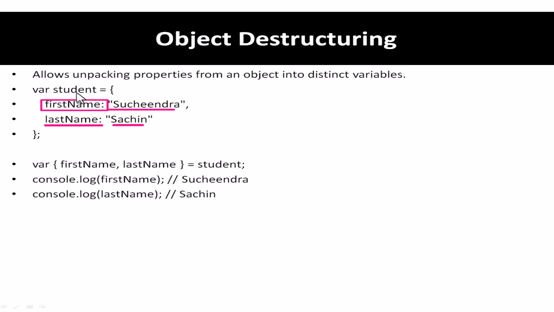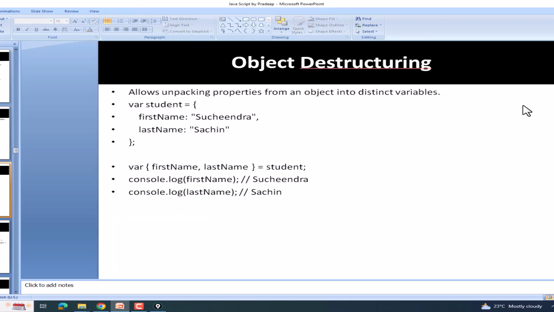Based upon student name dot first name, student name dot second name, like that you can access. Now variable first name, last name identifies from student. This kind of thing is object destructuring.